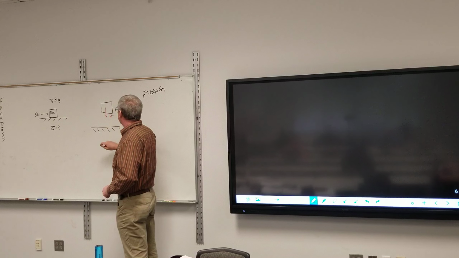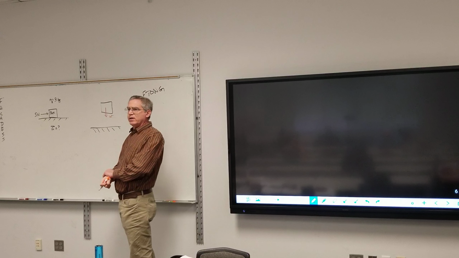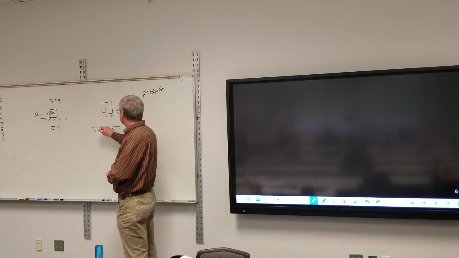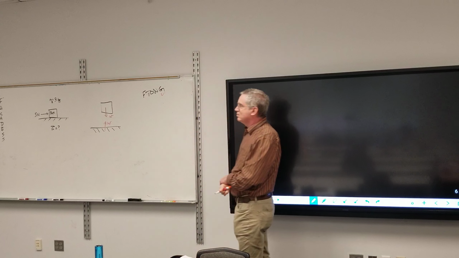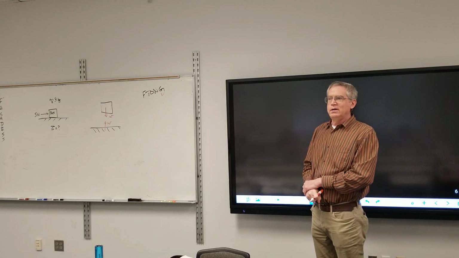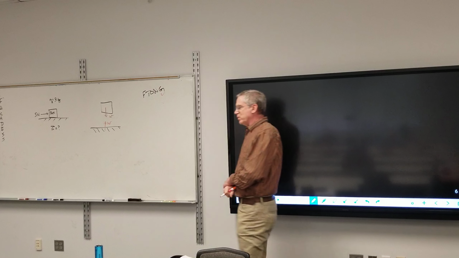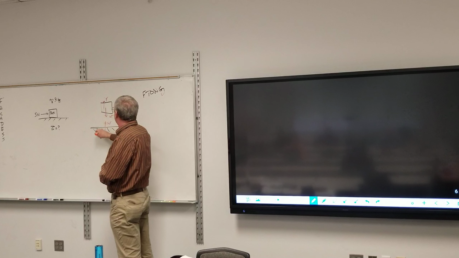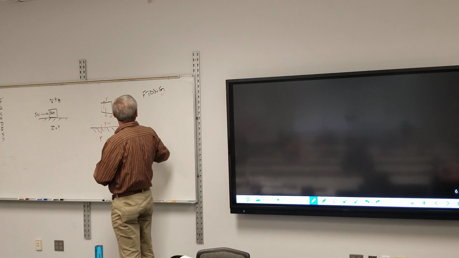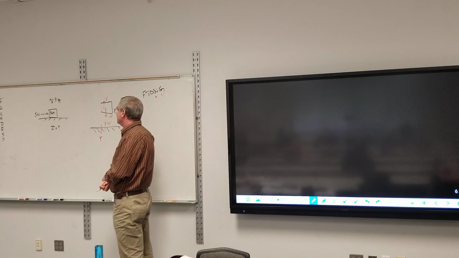So I have weight there, and it comes in pairs, so where's the other part of that? Up on the ground. All right, done. Normal force. Acting which way on the box? Up on the box, down on the ground. Done.